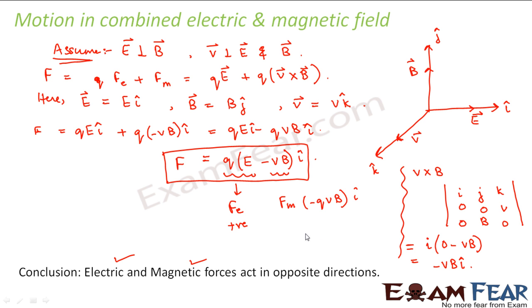That means if your electric force is acting along plus x-axis, the magnetic force will be acting along minus x-axis. That is what it says. So that means electric and magnetic forces are in opposite direction. This is the direction of electric force, then this will be the direction of magnetic force. So that was our conclusion here.